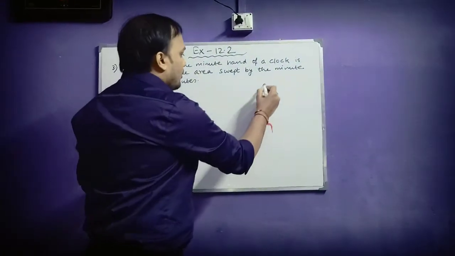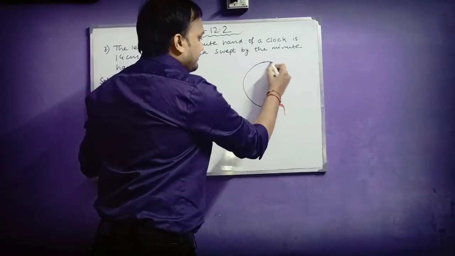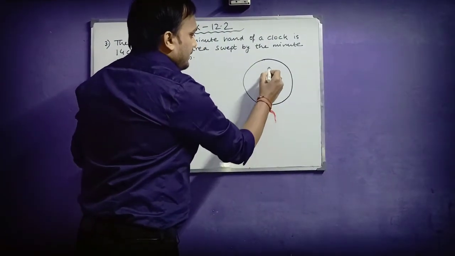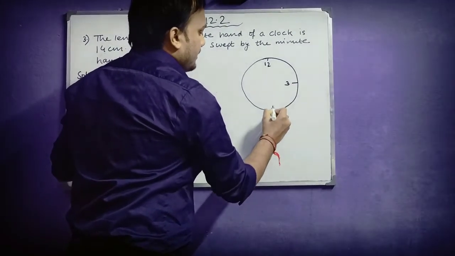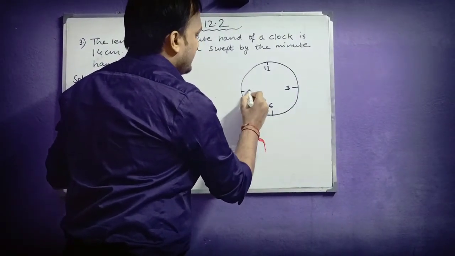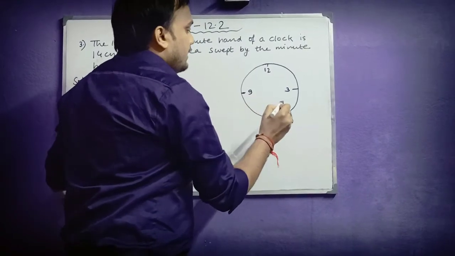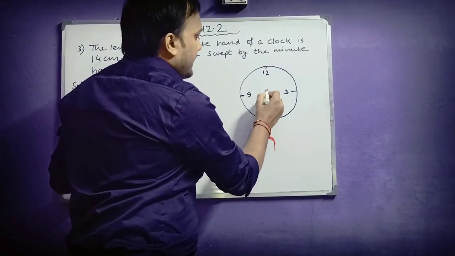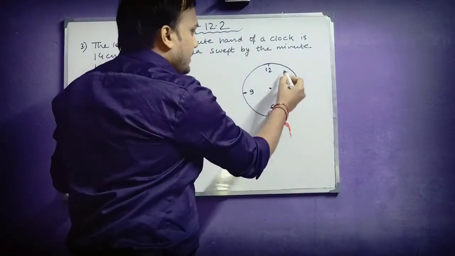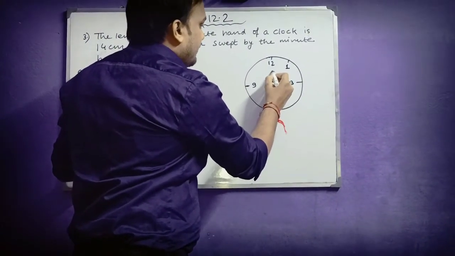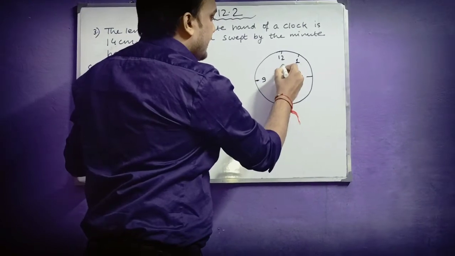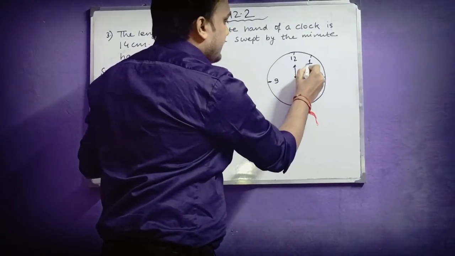So if this is a clock here, if this is 12 o'clock, this is 3, this is 6, and this is 9. Obviously, if the minute hand covers 5 minutes, it will be coming from 12 to, suppose, 1. The hour hand will be something like this, and the minute hand will be like this.